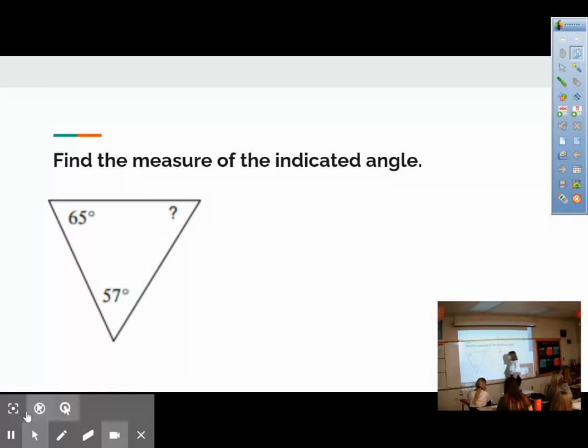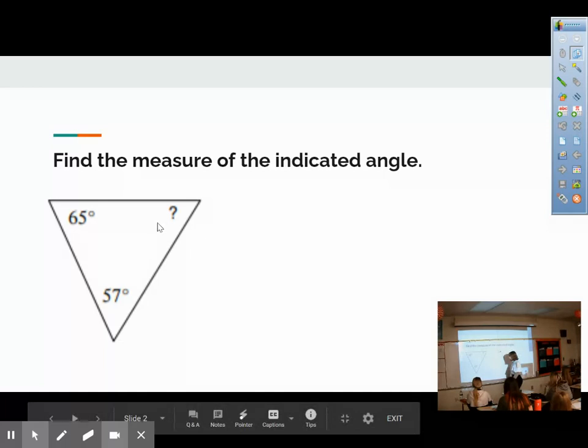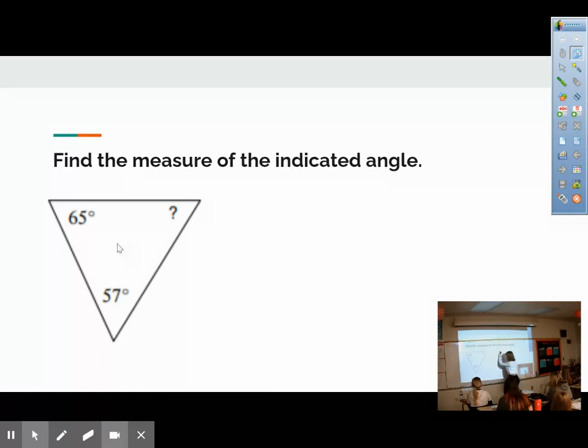I added 65 and 57 and got 122, and I subtracted that from 180. All right, awesome, very good. So you add them together and subtract them from 180 because all three angles have to add up to be 180. Very good. So 58 degrees would be the correct answer.